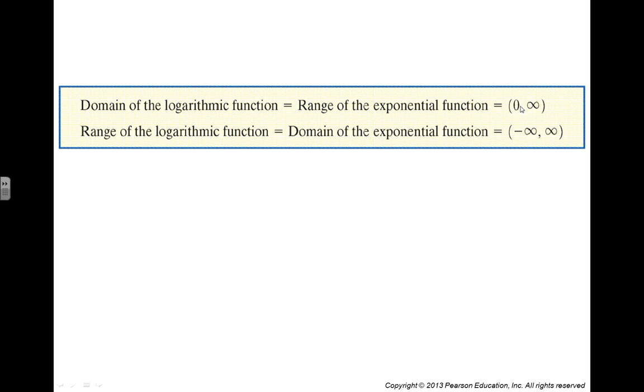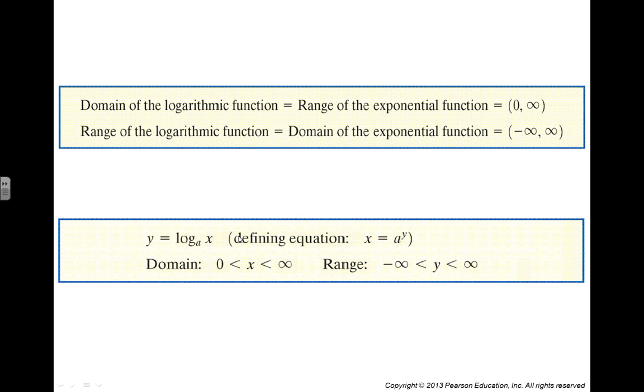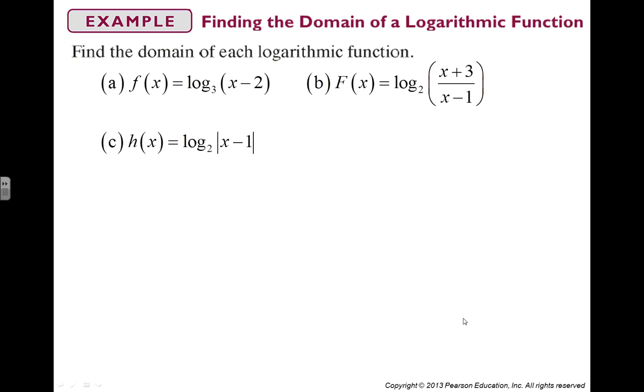You can't input anything less than 0 into a logarithmic function. All right, so let's write that in interval notation. The domain for y equals log base a of x is between 0 and infinity, and the range is from negative infinity to infinity and beyond.